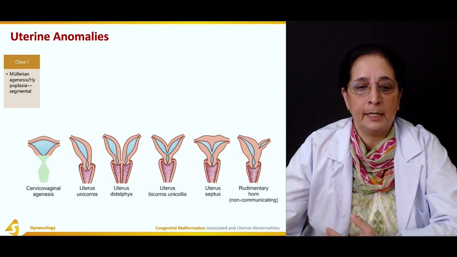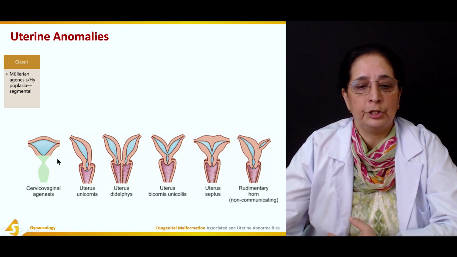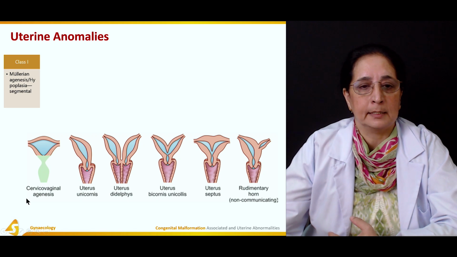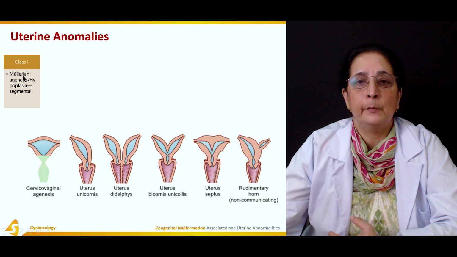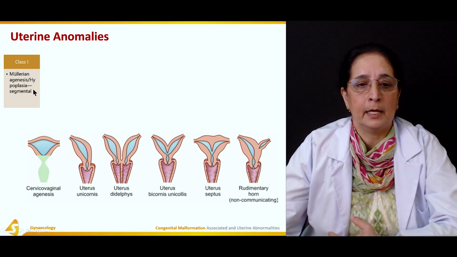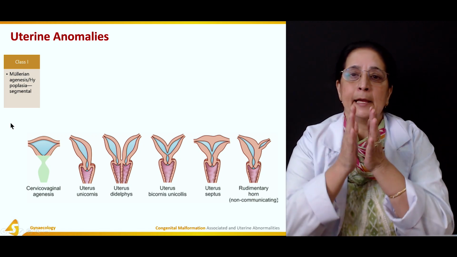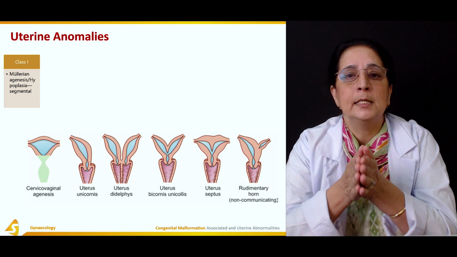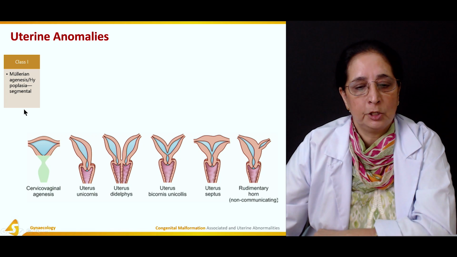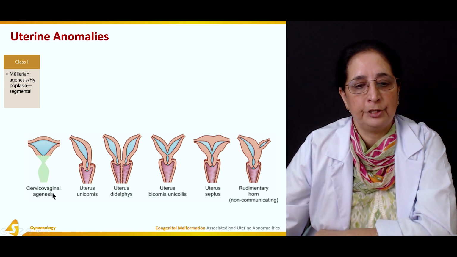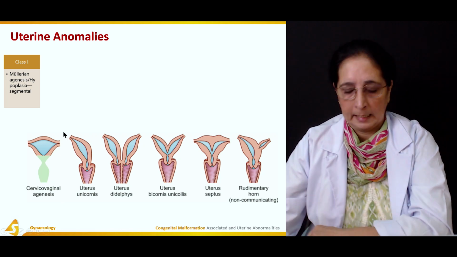There is complete absence of the vagina and the cervix here. The uterus is present, you can see. This hypoplasia is limited to the cervix and vagina. So class 1, cervico-vaginal agenesis.